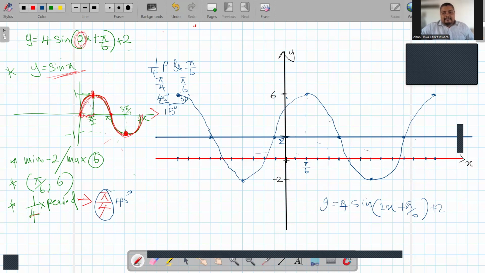And by applying x equals 0, you can find out how much y is, so you can find out this value as well, right? So this is how to work out the sketching of trigonometric graphs when you have several combinations together. Okay, right. Hope you understand.